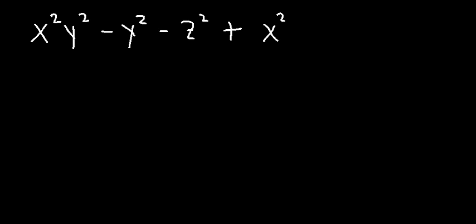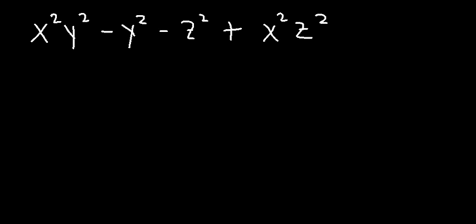Try this one. x squared y squared minus y squared minus z squared plus x squared z squared. How would you factor that expression? Notice that the first two terms have a y squared and the last two terms have a z squared.